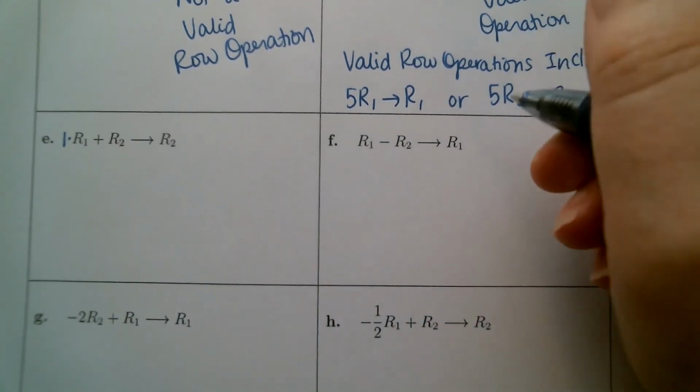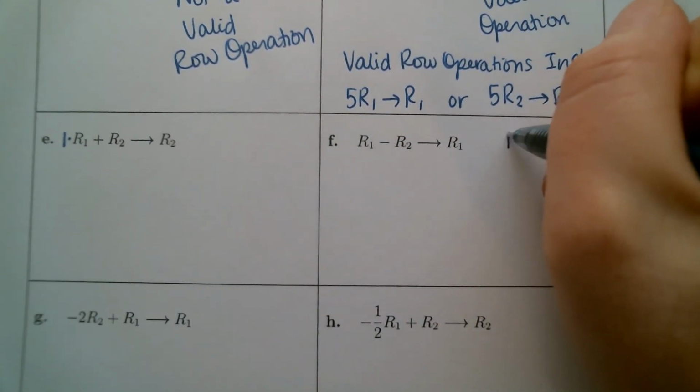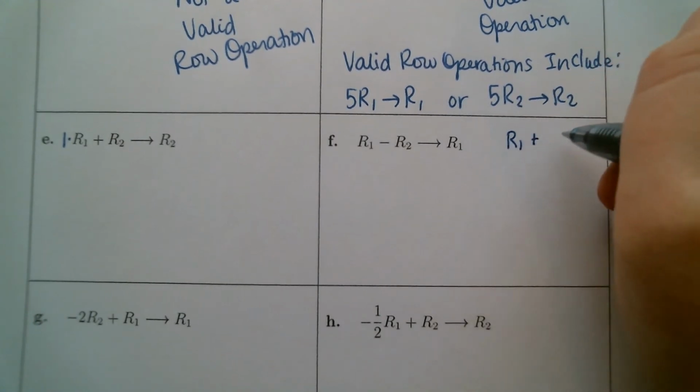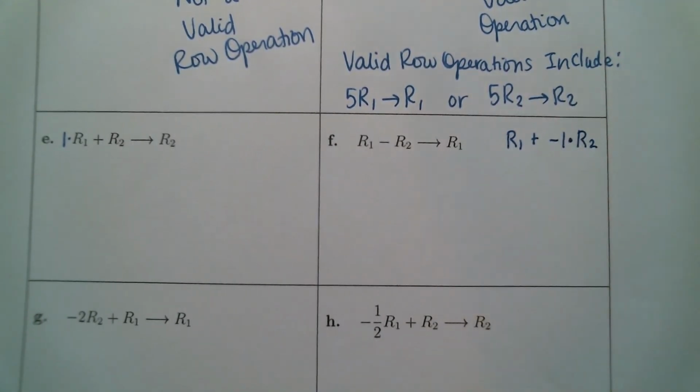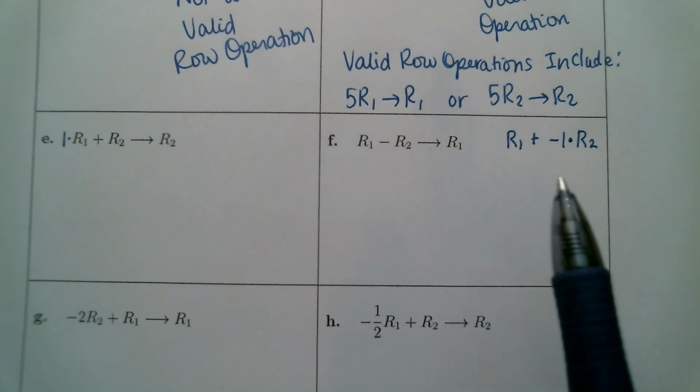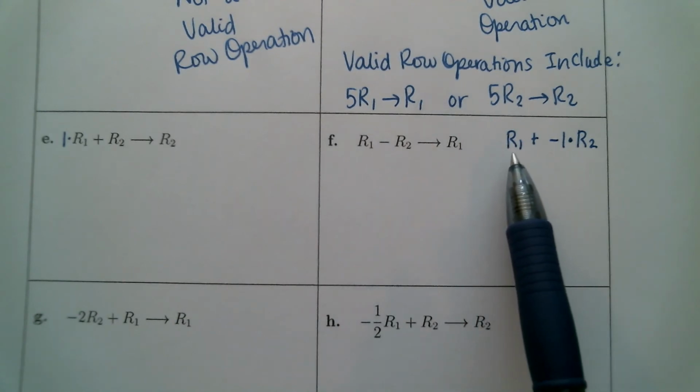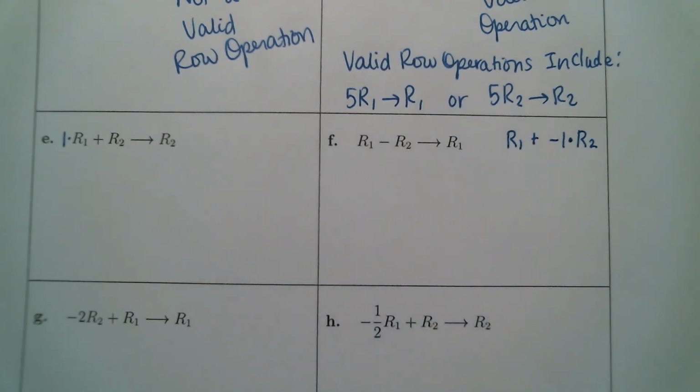So this is really row 1 plus a multiple of another row. If I took row 2 and multiplied it by -1, that's a multiple of another row, and then I'm adding it back to itself. So this is a valid row operation.